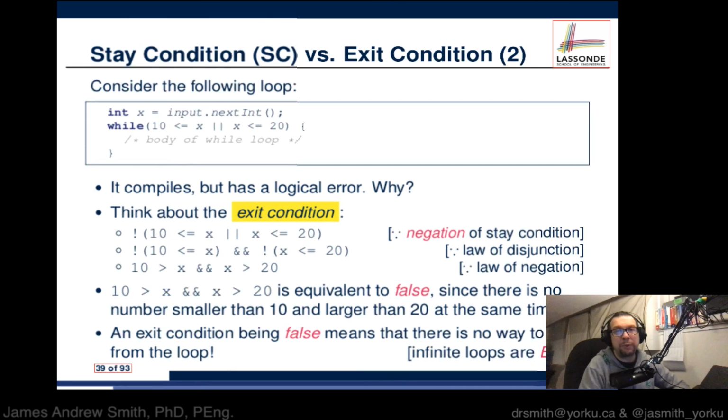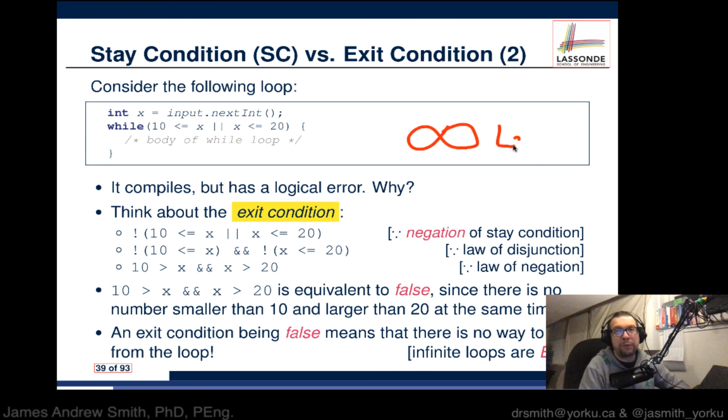This leads to what's referred to as an infinite loop. Okay, so this is an infinite loop. And in the vast majority of cases, raw infinite loops are a bad thing.